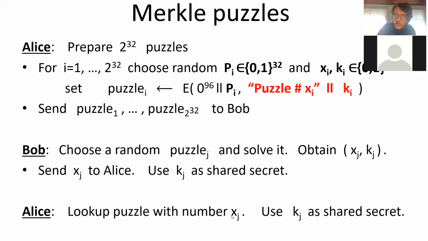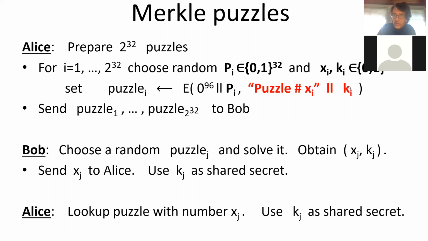Alice gets back the nonce. She created all of this stuff, so she has a table translating xi's to ki's. So when she gets certain xj, she knows what the corresponding kj is, and in fact, she could compute ki's from xi's using a PRF, so she doesn't even have to keep a table.